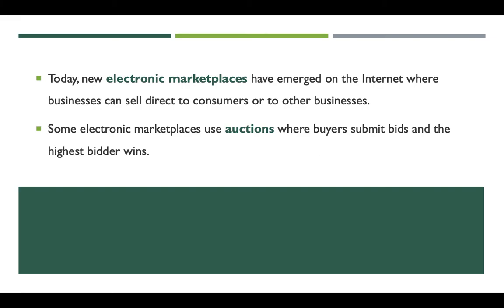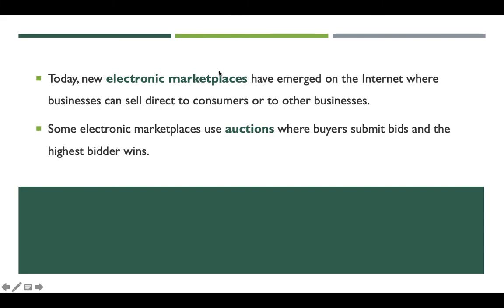Okay, I assume you finished what I asked you to do. Let's take a look at the first sentence. Today, new electronic marketplaces have emerged on the internet where businesses can sell direct to consumers, or to other businesses. So as you can see, we can tell the meaning of an electronic marketplace easily by the word internet.